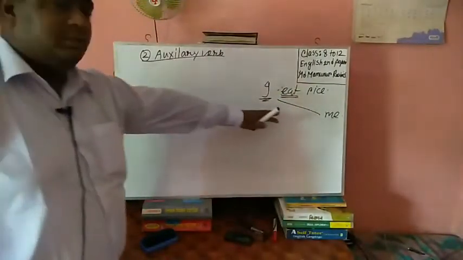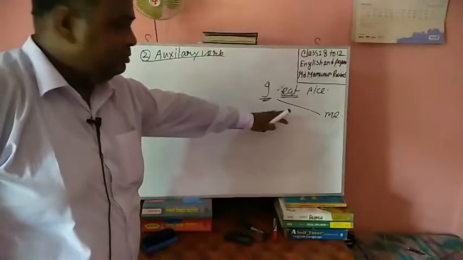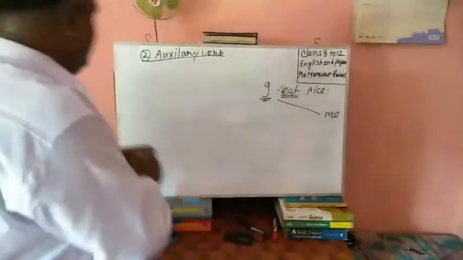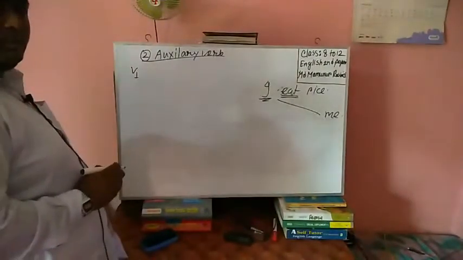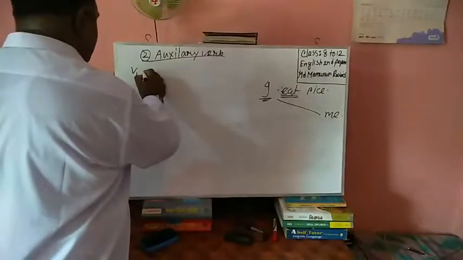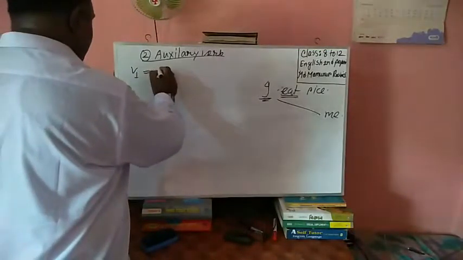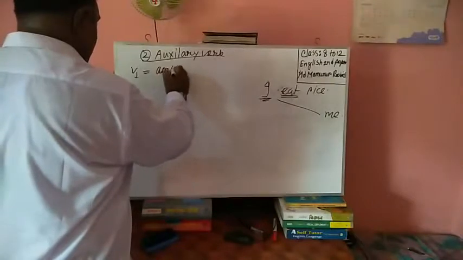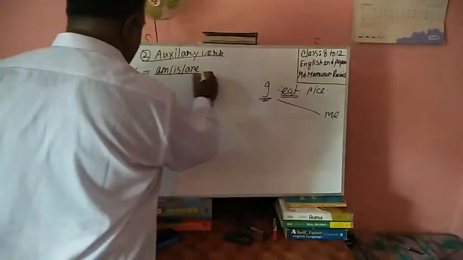If you see the principal verb is eat, look my dear student, suppose it is V1, the base form of verb. So the V1 refers to, you can add auxiliary verb am, is, are.